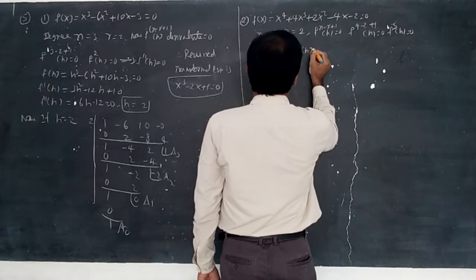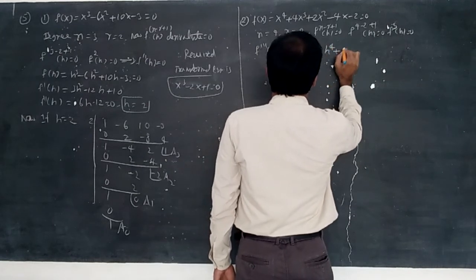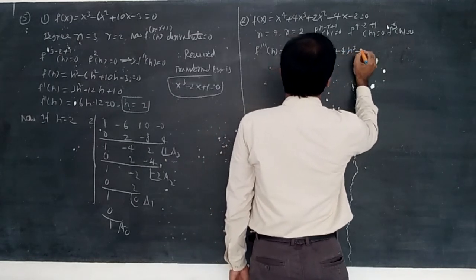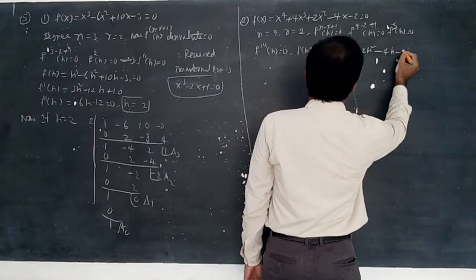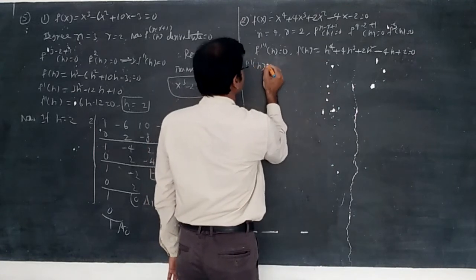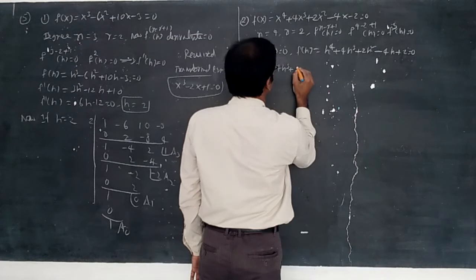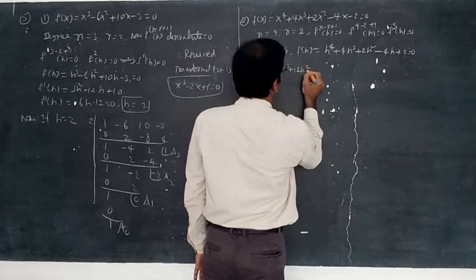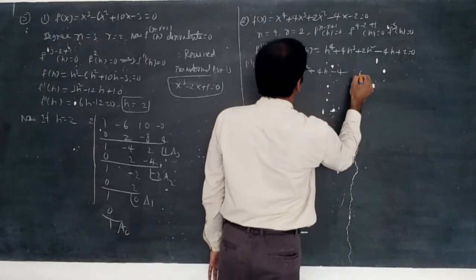First of all, f of h: h power 4 plus 4h cube plus 2h square minus 4h minus 2 equal to 0. You write f dash h. F dash h is equal to 4h cube plus 3 fours are here, 12h square plus 4h minus 4.